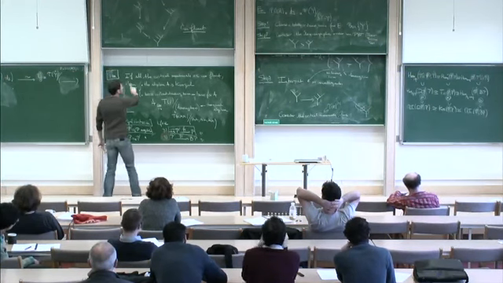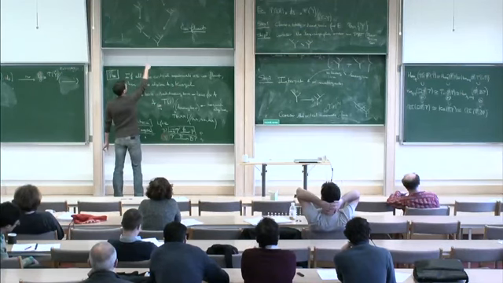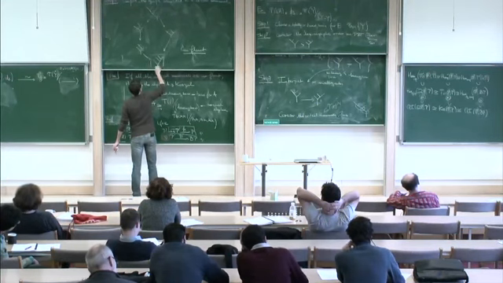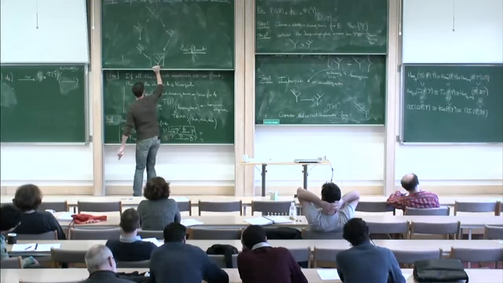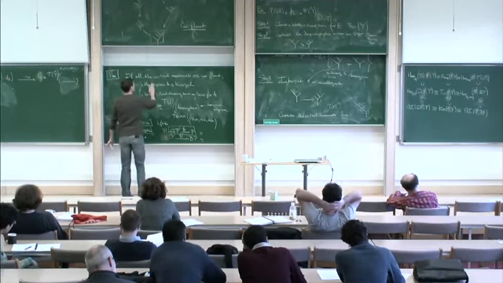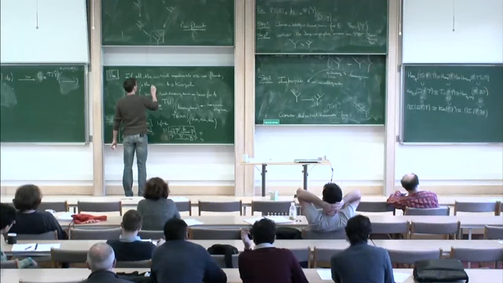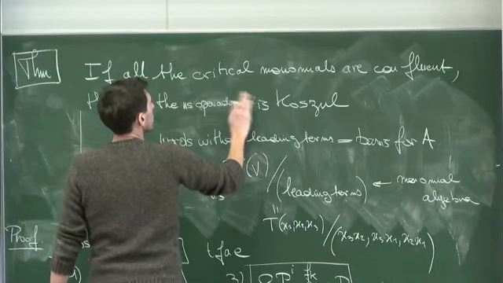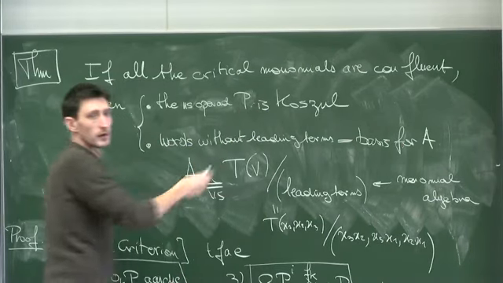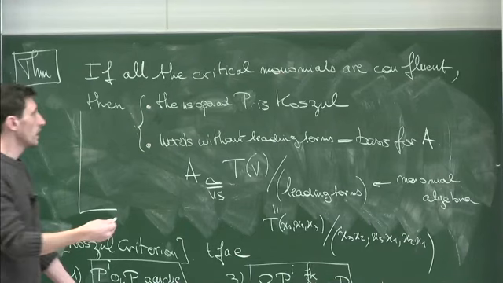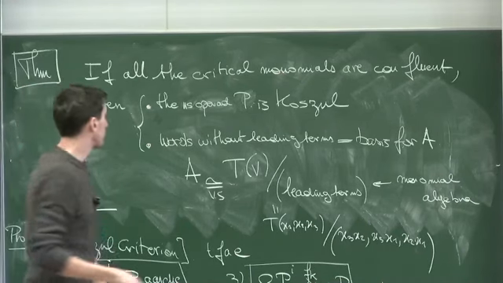Theorem. If all the critical monomials are confluent, that is, all ambiguities, when you rewrite them, end at the same element, then the non-symmetric operad is Koszul. Let me make this theorem general. Here I showed you the theorem on the example of As, but it actually works for any non-symmetric operad.